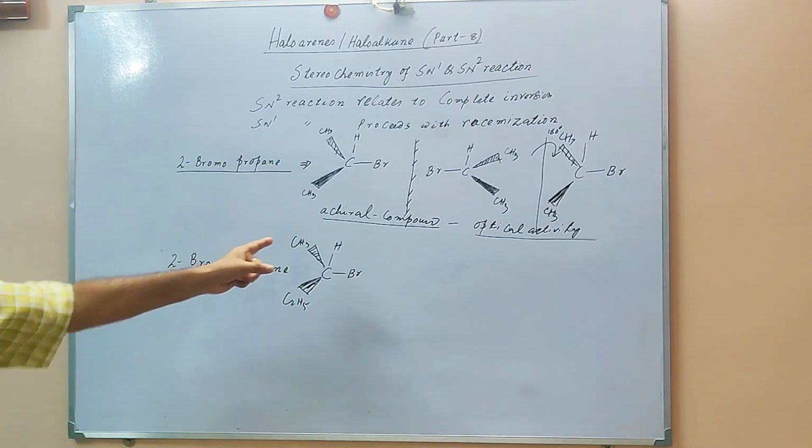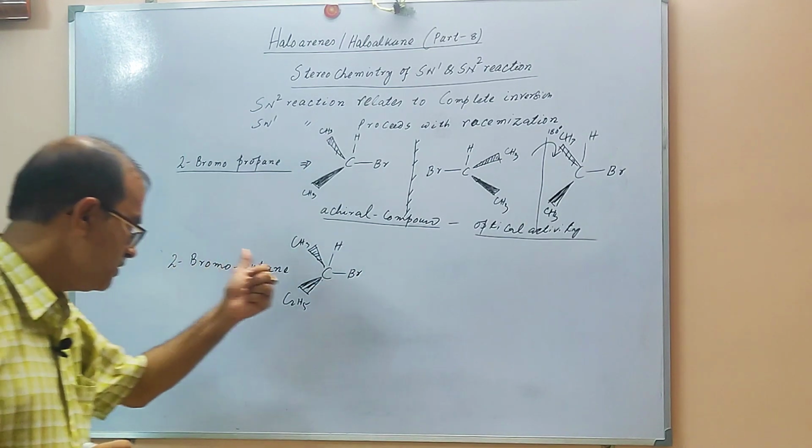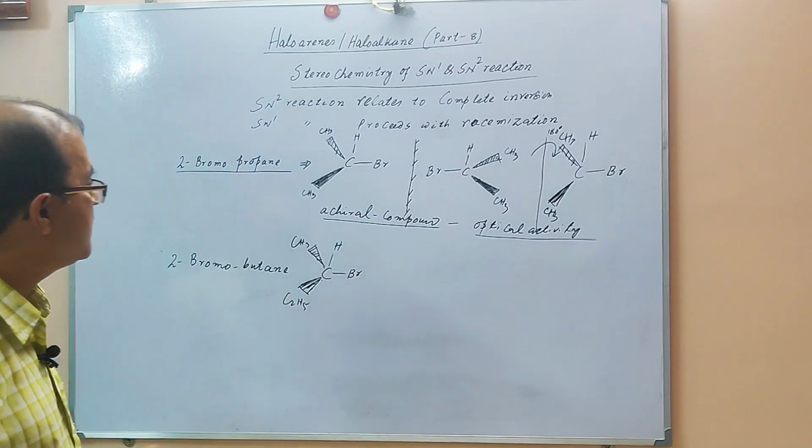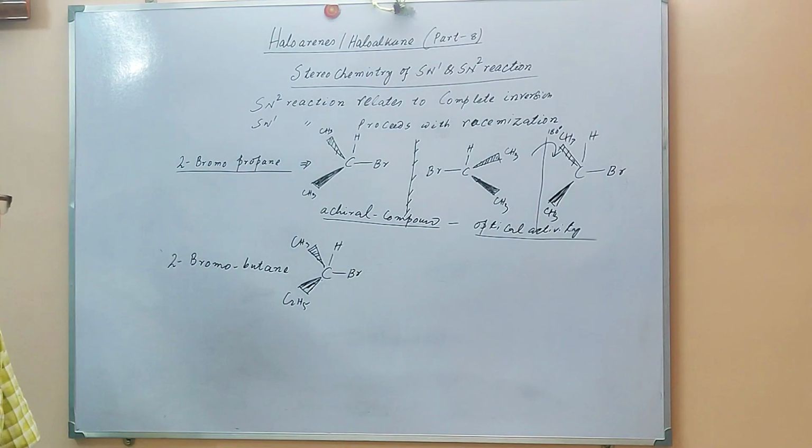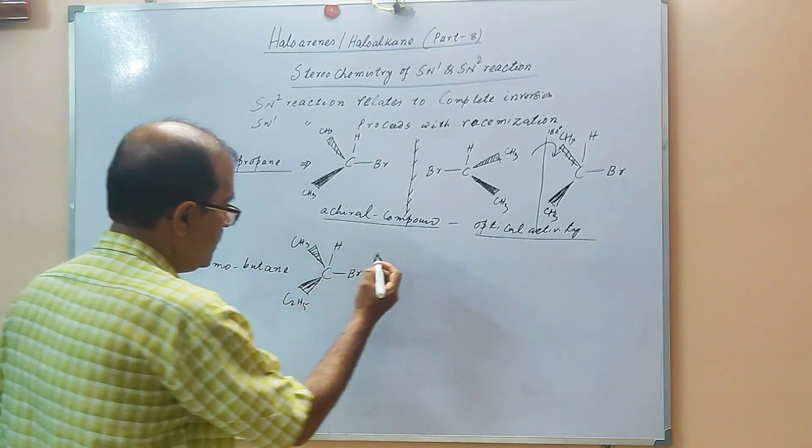All the groups or atoms are different. So this carbon atom we can say is the chiral carbon atom, and it is an asymmetric molecule.